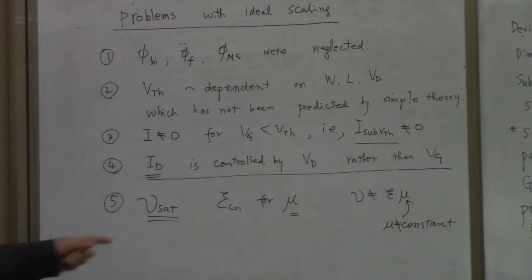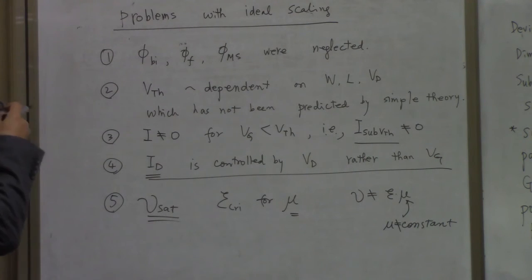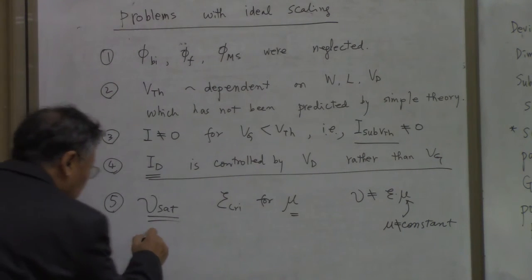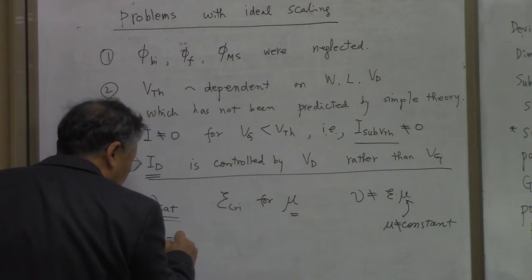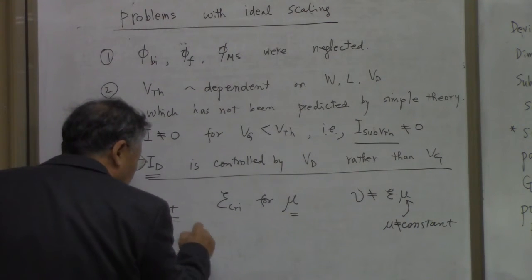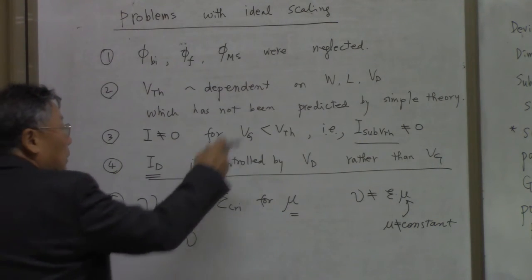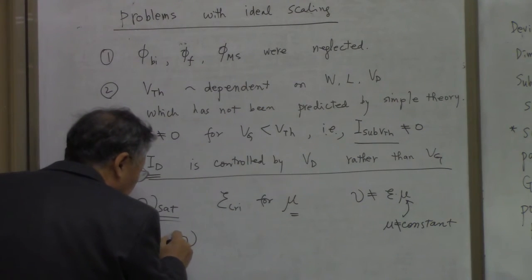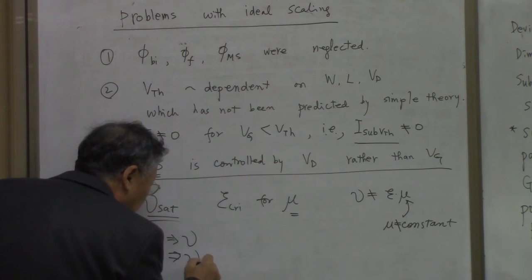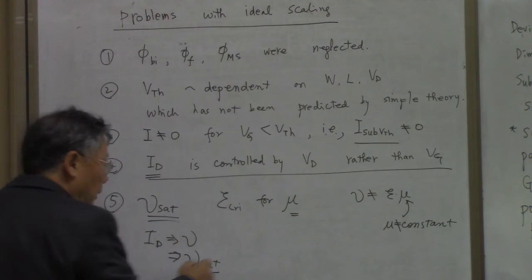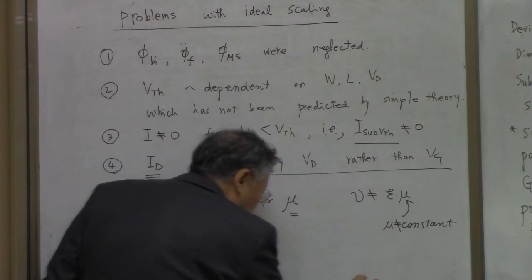Beyond the critical electric field, we have a saturation velocity, so the drain current is not controlled by the velocity that appears in the equation, but the current is going to be controlled by the saturation of the electrons.